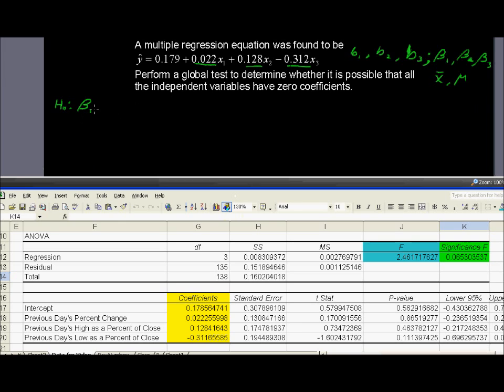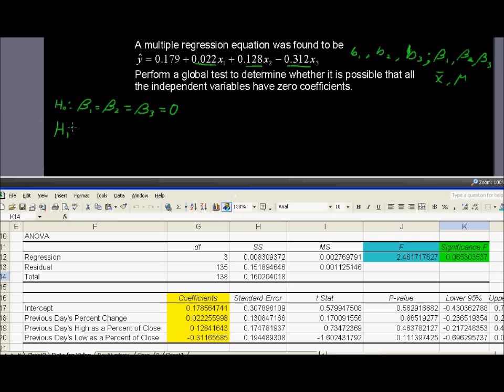So here's the global test. The null: beta sub 1 is equal to beta sub 2 is equal to beta sub 3 is equal to 0. So they actually have no bearing. There's no coefficient on any of the variables, so the variables are meaningless for prediction.